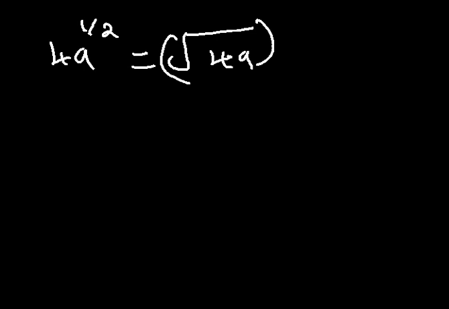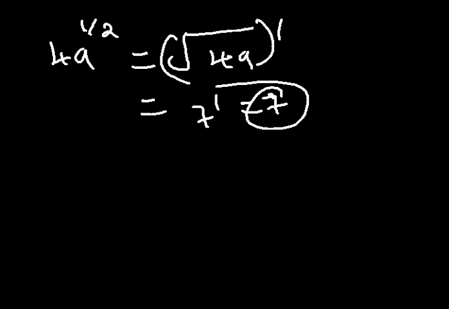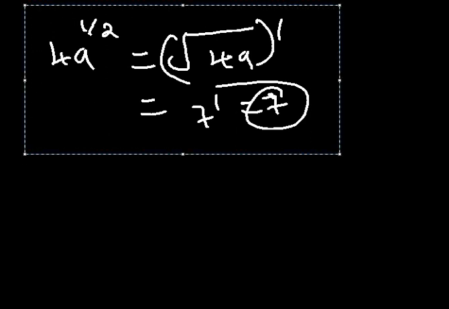So we have the square root of 49, overall to the power 1. What is the square root of 49? 49 is a perfect square, which is 7 squared, giving 7 to the power 1, which is the same as 7. That's how you simplify that one.